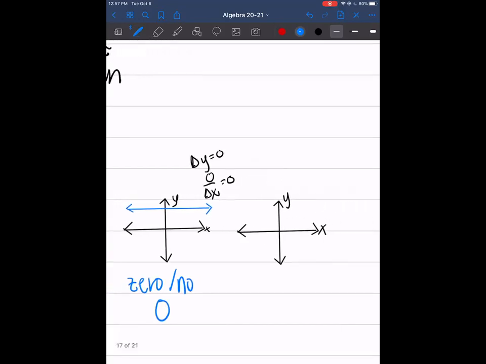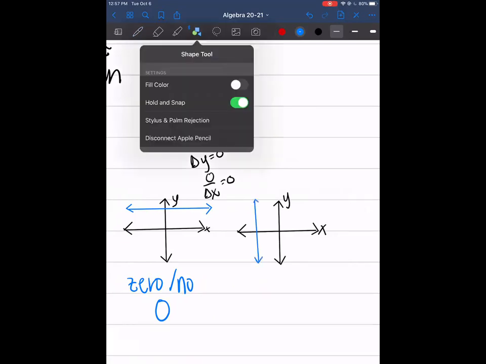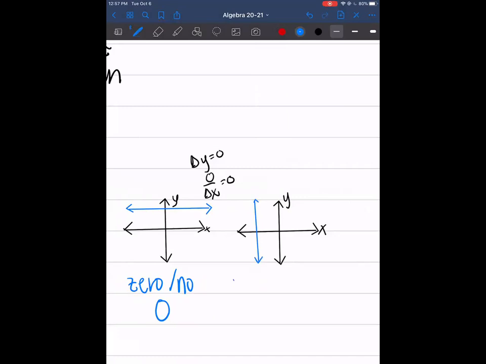And then we have one more, and it's this direction. This is called undefined slope. The reason why it's undefined is if we think about the same thing as we talked about on our 0 slope, what is this really saying?